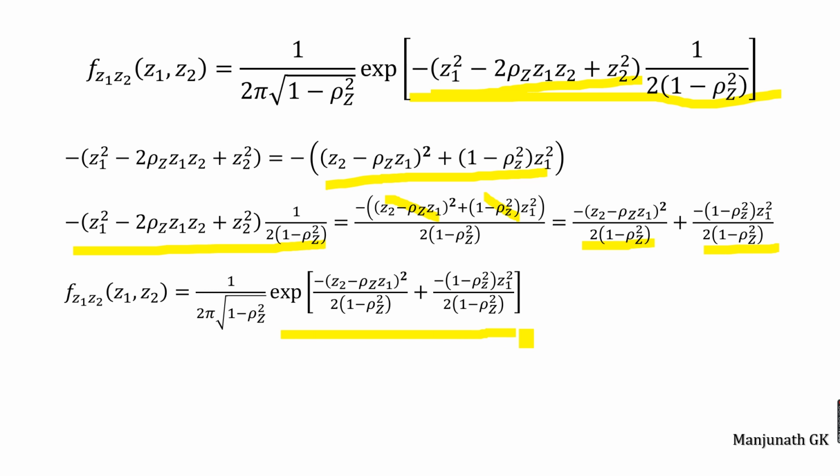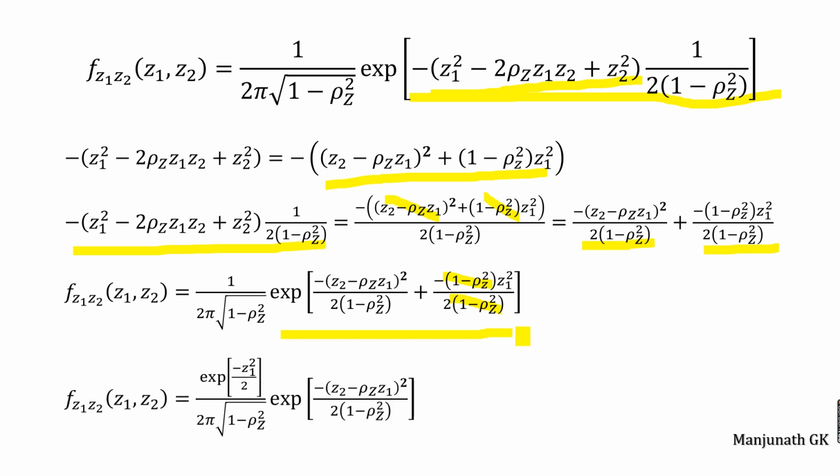Later, it is under exponential, so e to the power a plus b can be written as e to the power a into e to the power b. You can consider here this term and this term can be cancelled. As a result, exponential of minus z1 square by 2 into exponential of this term can be written.